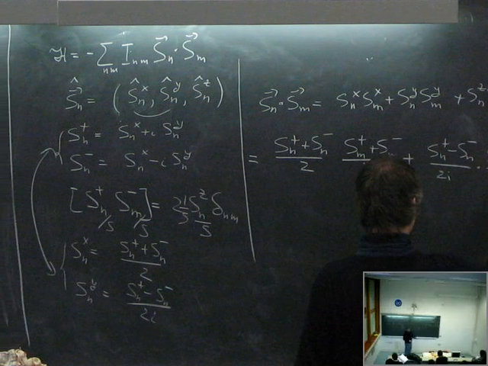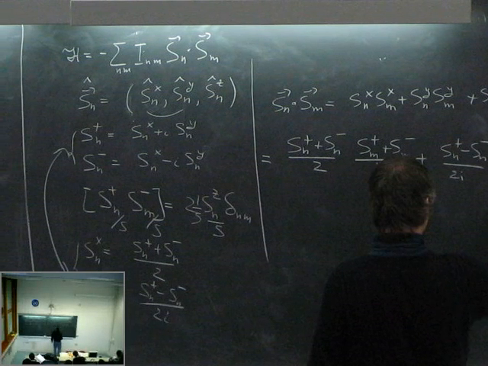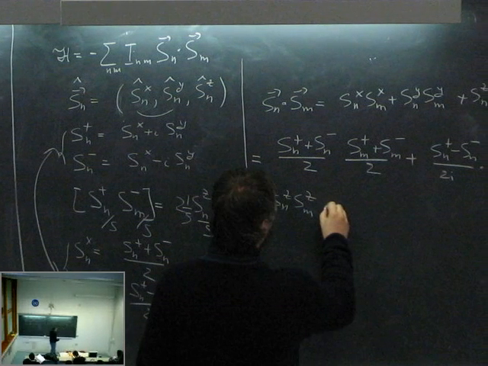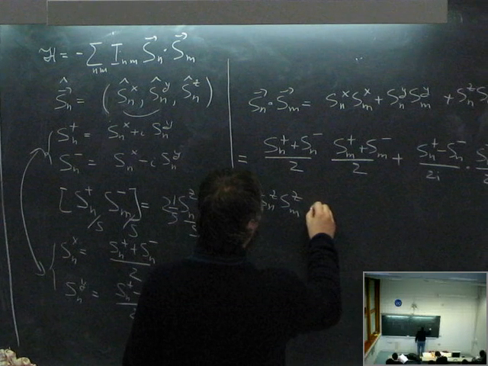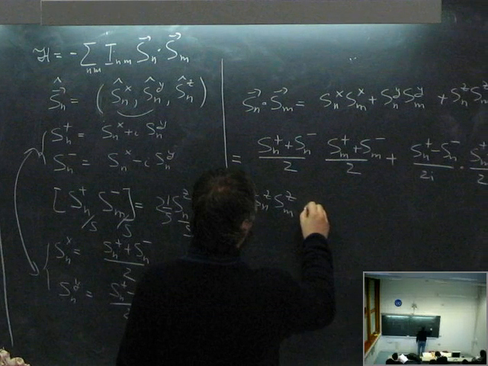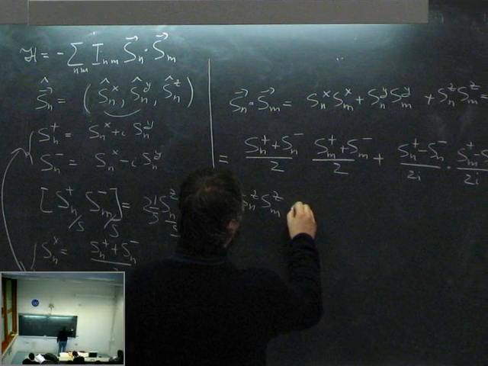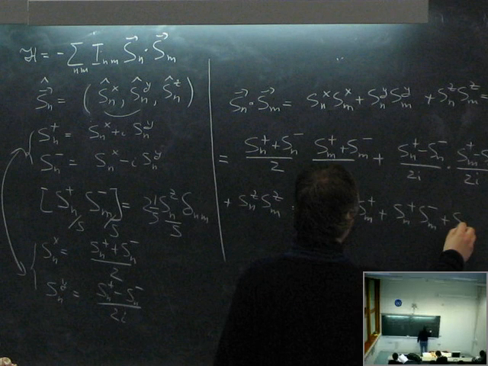Now I open the brackets and collect terms in front of the plus and minus operators. So it is equal to 1/2 times 1/2, which is 1/4, and I'm opening brackets: S_n^+ S_m^+ plus S_n^+ S_m^- plus S_n^- S_m^+ plus S_n^- S_m^-.